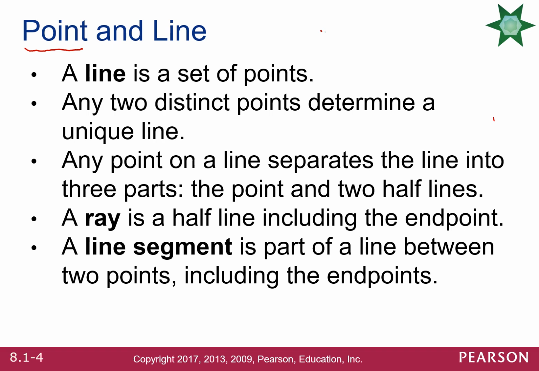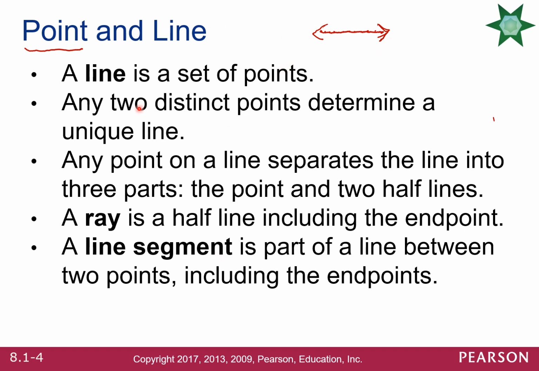So if we have a bunch of points very close to each other, maybe here, and then if I connect the dots, what I will get is a line. The line can keep going in either direction, and we mark the ends with arrows denoting that it extends infinitely or indefinitely on both ends.